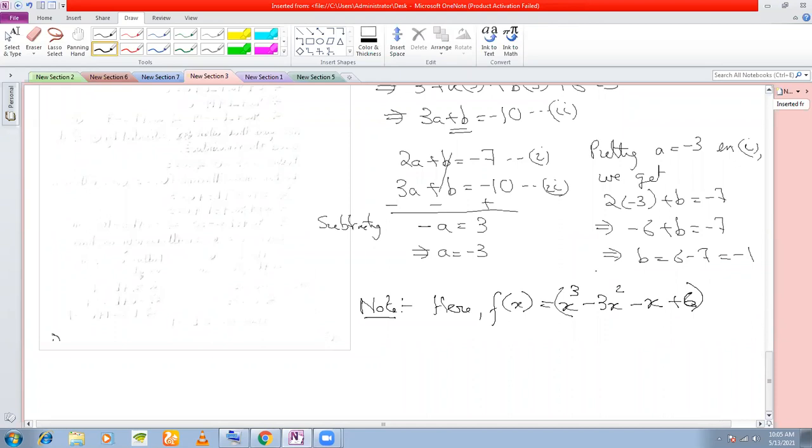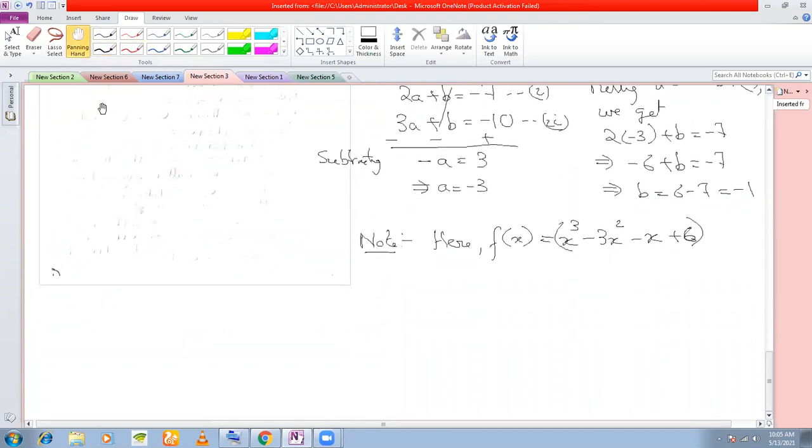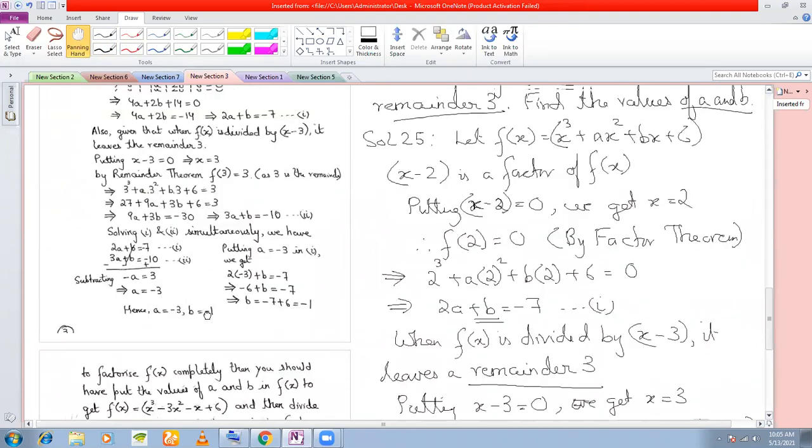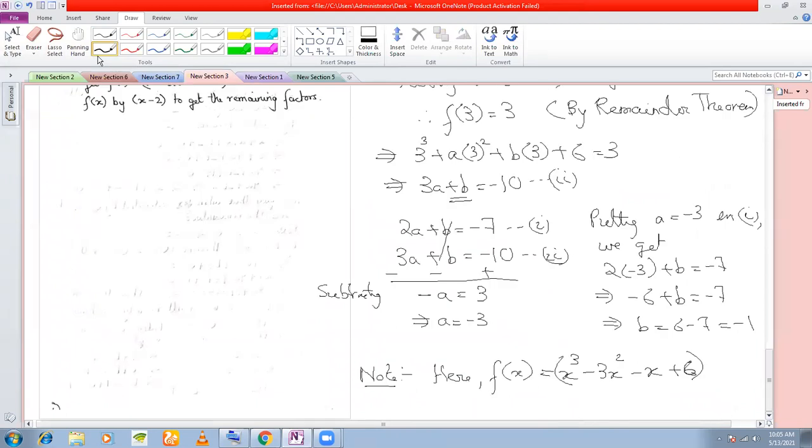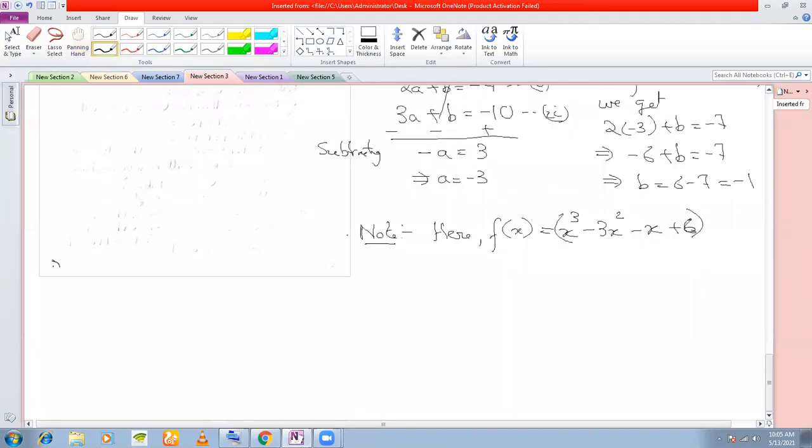Now, if the second part was to factorize the expression completely, you know x minus 2 is a factor. This was given. So what you will do is divide by x minus 2.